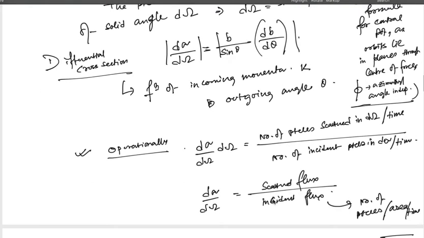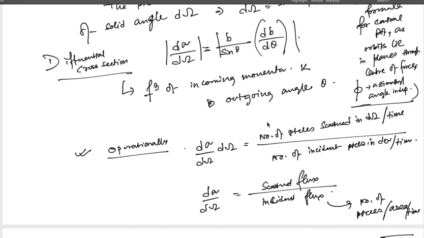So basically the differential cross section is nothing but the scattered flux by the incident flux, and flux implies the number of particles per unit area per unit time. Essentially you can reduce this quantity of efficiency of a scattering experiment to a counting problem.